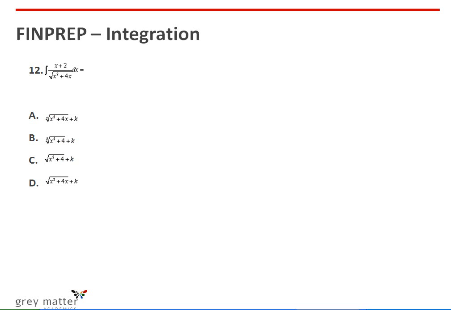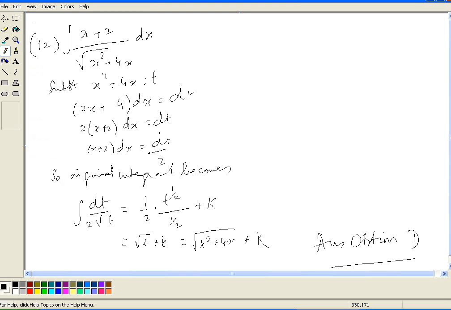12th question, we need to find the integral of x plus 2 by root of x squared plus 4x dx. Back to our worksheet, it will be integral of x plus 2 divided by root of x squared plus 4x dx. Substitute x squared plus 4x equal to t, and simplifying, we get finally x plus 2 dx equal to dt by 2. Putting back all the relevant things, the original integral becomes integral of dt by 2 root t, which is equal to root t plus k.